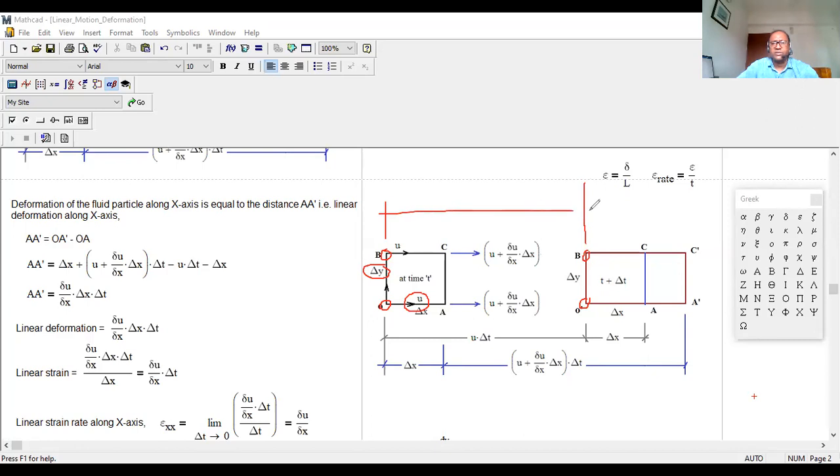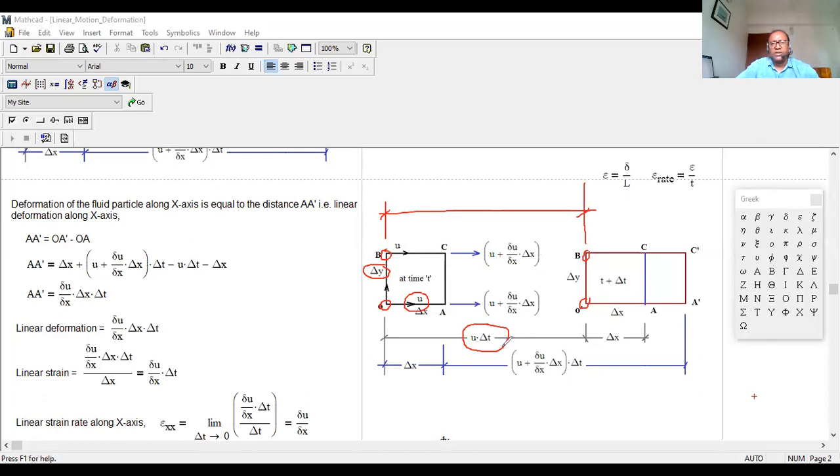Obviously velocity times time. So that distance is u delta t, because in delta t time, this fluid element travels from this point to this point, or line OB came to the new position.